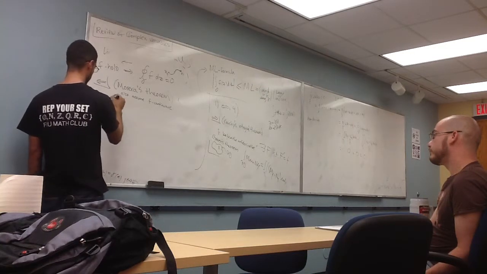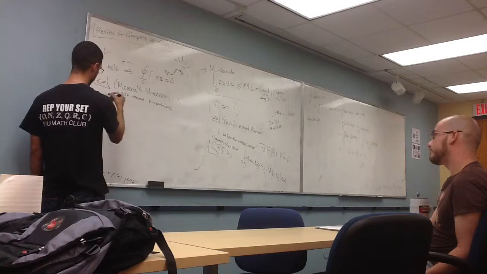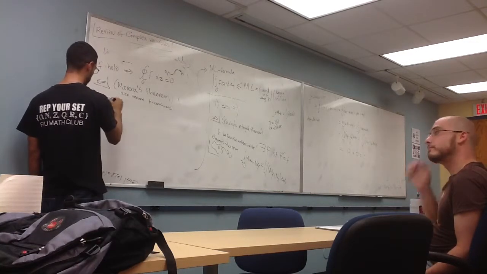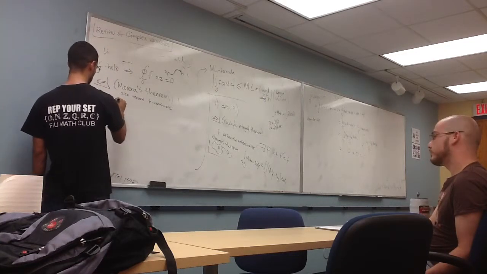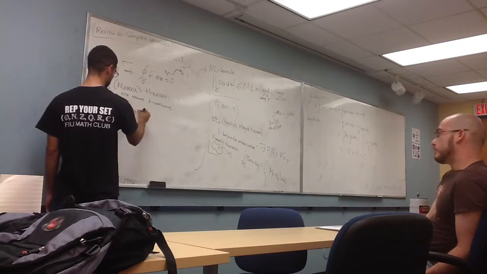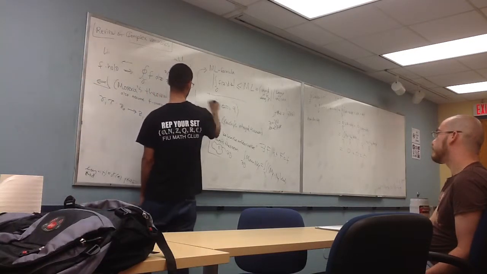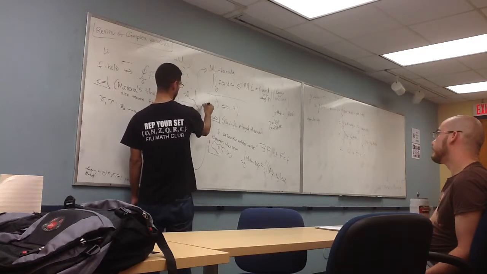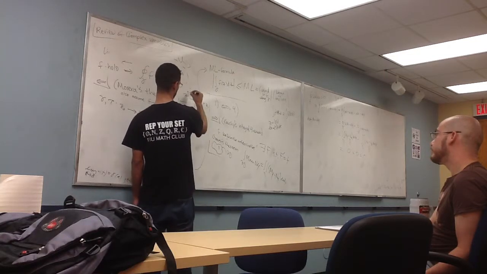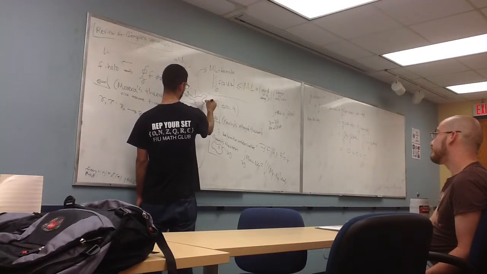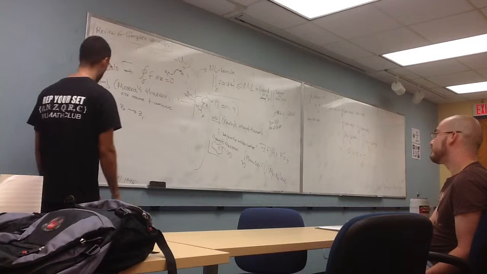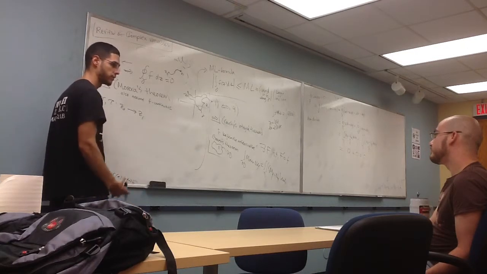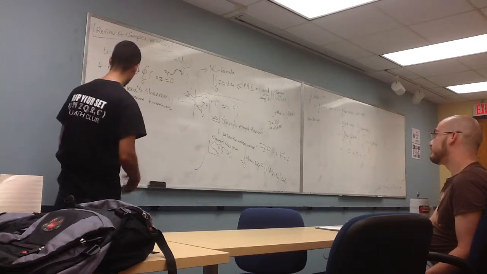So for example, let gamma and tau be paths from z0 to z1. Here's z0, here's z1. This is gamma, and this is tau. There are two paths from z0 to z1. My assumption is that the integral around any closed curve is 0.